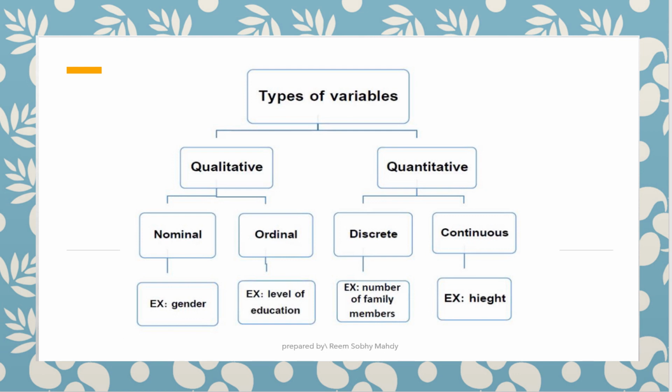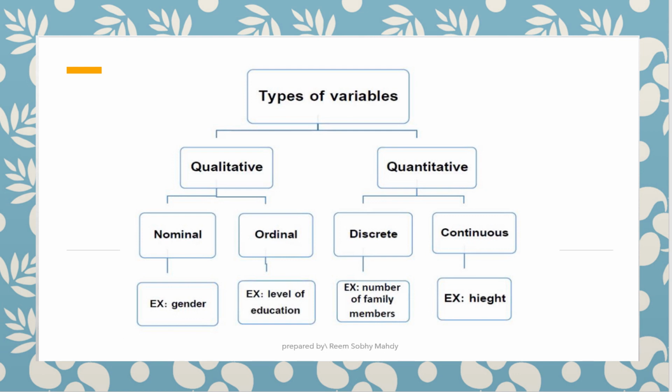We have two main types of variables: qualitative variables and quantitative variables. Qualitative variables are variables that take non-numeric values and can only be classified into categories. These qualitative variables are divided into nominal and ordinal variables.